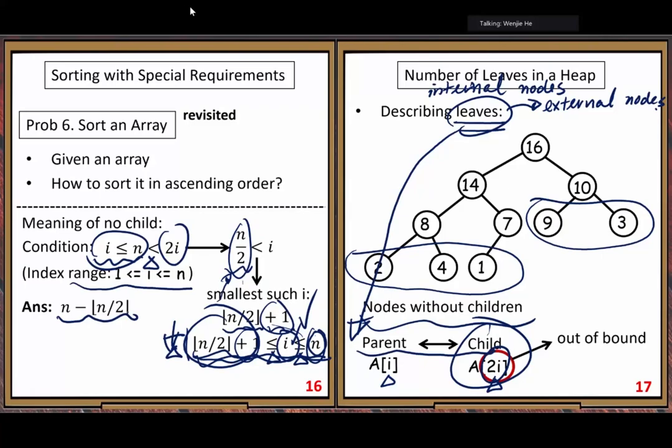All right. But there is another equivalent formula. This n minus floor function of n over 2 equals ceiling function of n over 2. So these two formulas have the same values but in different forms.